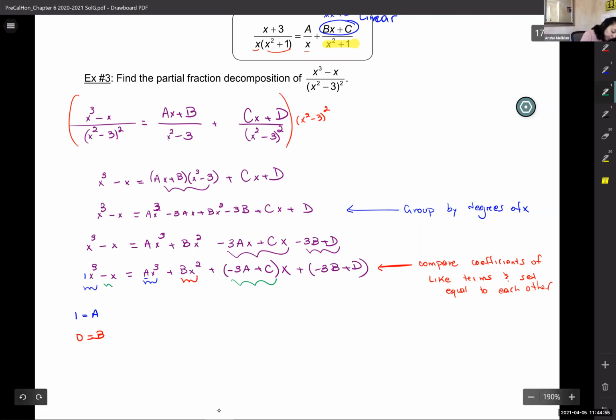And here, what is the coefficient of the x on the left-hand side? -1, right? So I say -1 is equal to -3a plus c. Can we actually solve that? We can, because this is -3 times 1 plus c. C is 2.